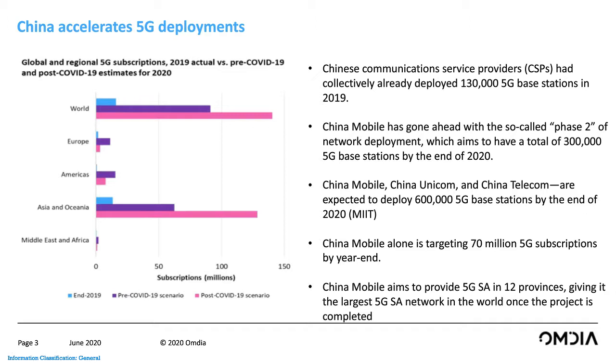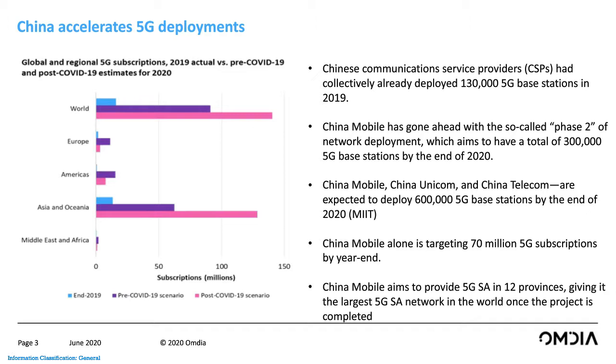Let's not forget that the deployment in the country is already quite extensive, with 130,000 5G base stations, and China Mobile, the largest operator in the country, has already moved into phase 2 of deployment with 300,000 5G base stations planned for this year alone. But obviously, when we combine China Mobile, China Unicom, and China Telecom, the combined deployment of 5G base stations for the 3 companies is exceeding 600,000, which is quite remarkable.